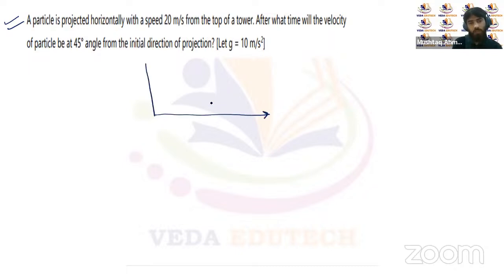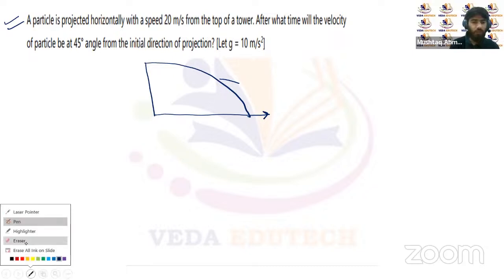So it means that this projectile has been projected like this from the top of this tower, and this is the velocity at any later time t.